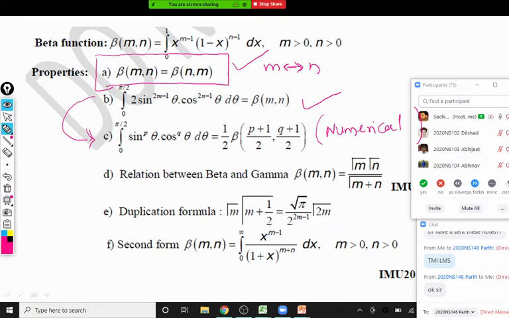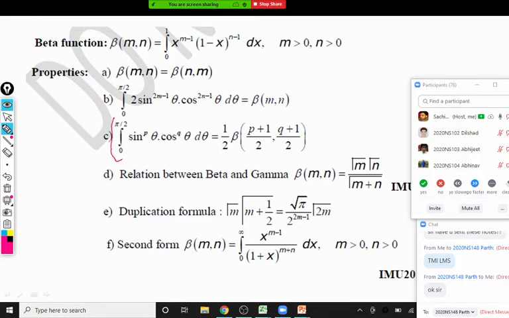Such integrals we can evaluate by beta. And lastly, today we are going to prove the relation between beta and gamma. So these are the four properties, and we are going to complete them one by one. Can anyone tell me, is there any other method we learned to solve this integral?